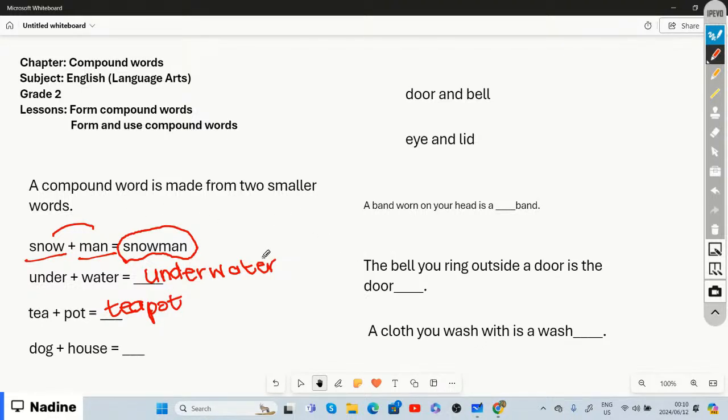Now, if we look at the next words, we have dog plus house. We need to look at those two words and join them to make one word. We have a dog and we have a house.